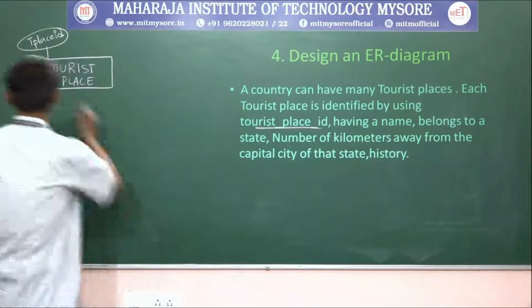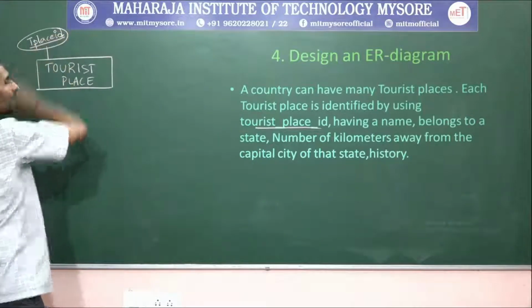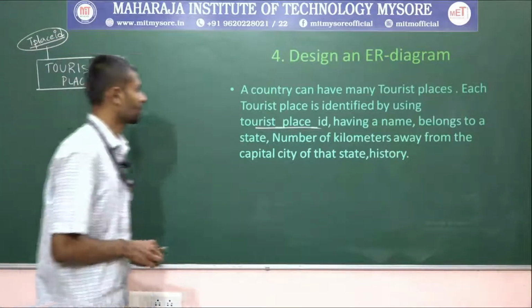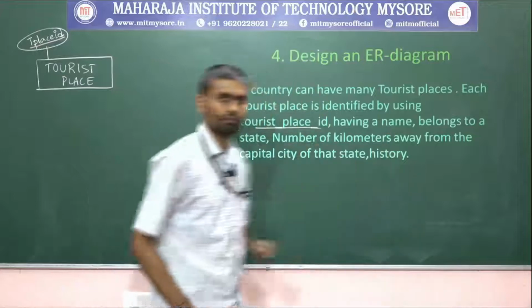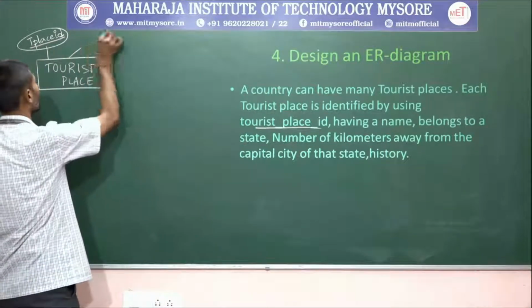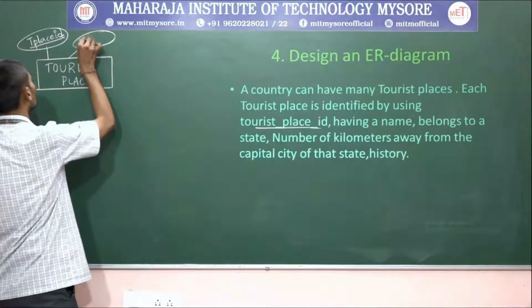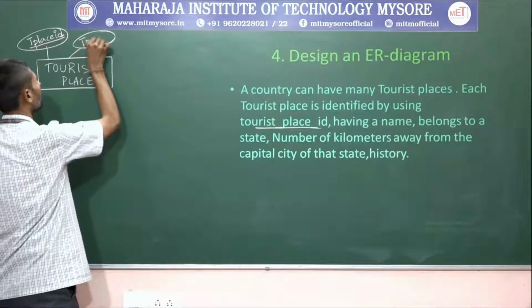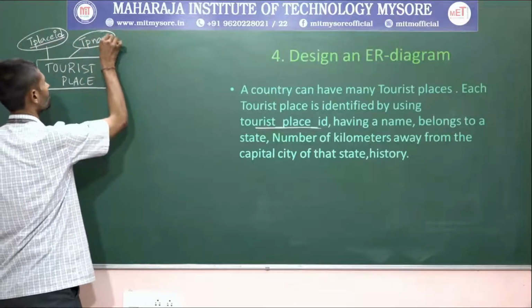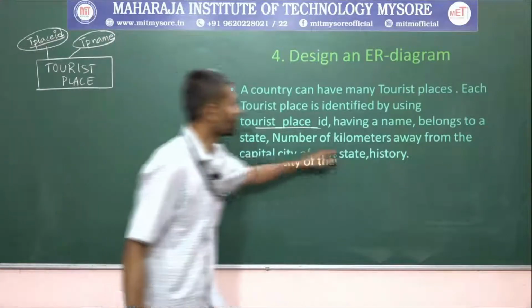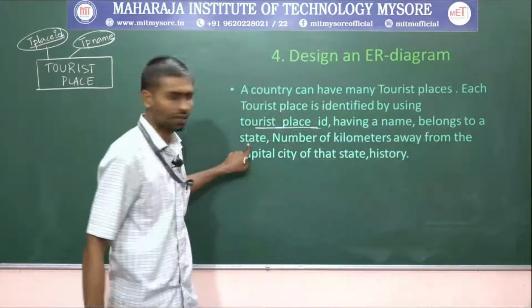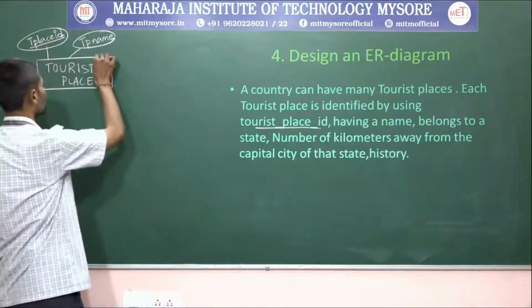So let me underline it as a key attribute. Fine. Next, having a name, TP name, tourist place name. Fine. Next, belongs to a state, it belongs to some state.